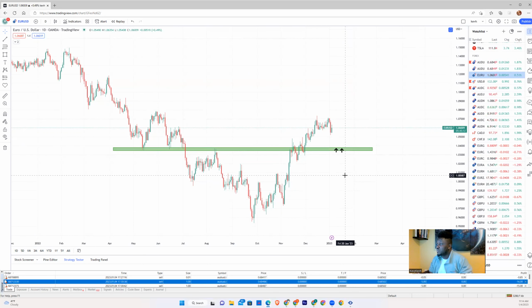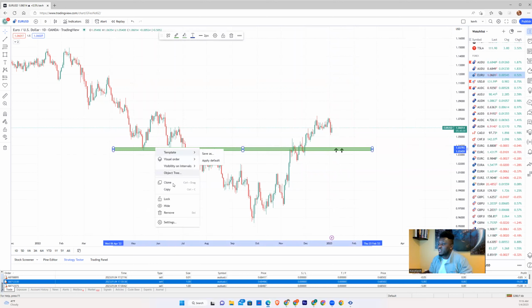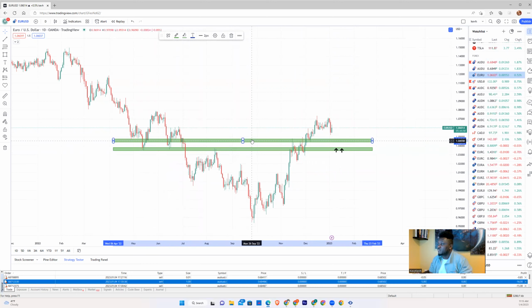If the market drops down to that position, it doesn't guarantee that the market will drop down there. That's the one thing I would like you to understand. Okay, it does not guarantee the market is going to drop down there, because we also have this area right here, which is the closest to this. Okay, that's the closest position to that.